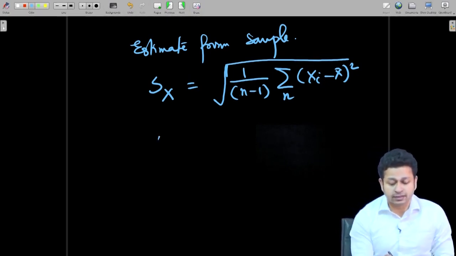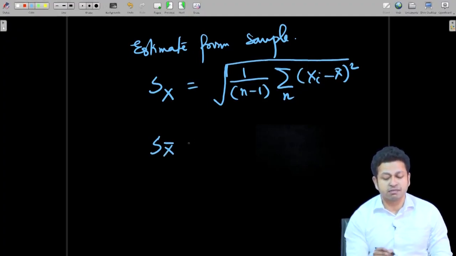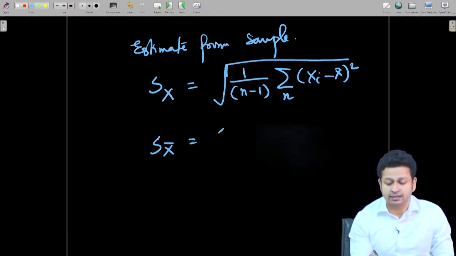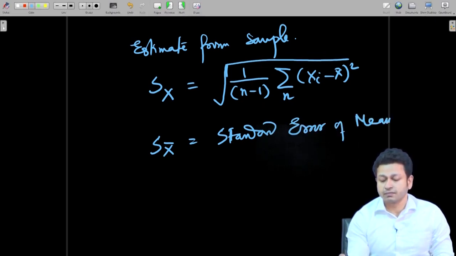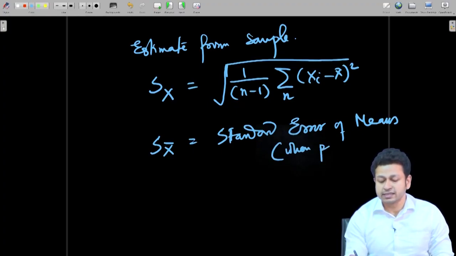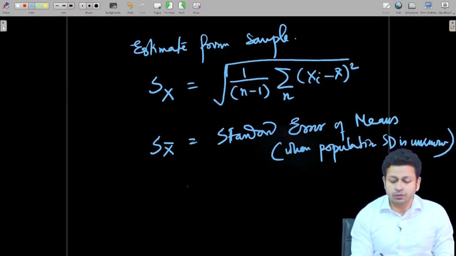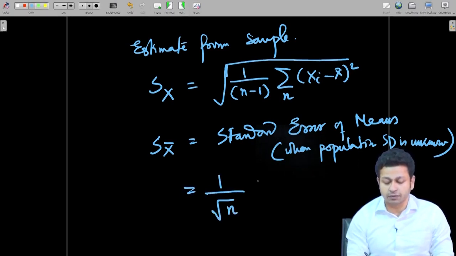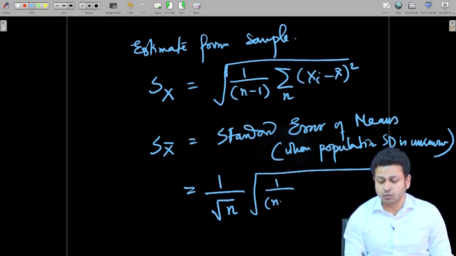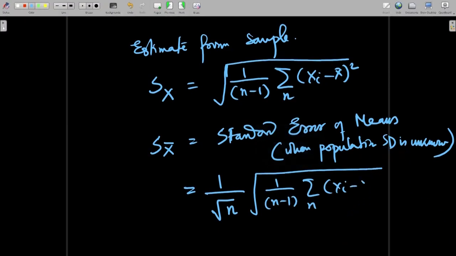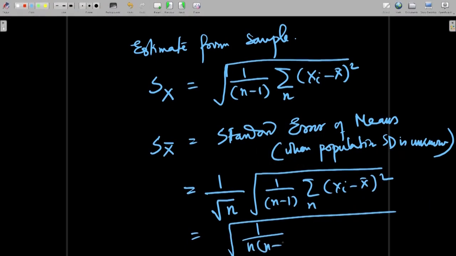Now if I want the standard deviation of means, which is nothing but the standard error of means when the population SD is unknown, we use the same approximation procedure: 1 by root n times the square root of 1 by n minus 1 times the sum of xi minus x bar whole square, or I can write it as the square root of 1 by n into n minus 1 times the sum of xi minus x bar whole square.